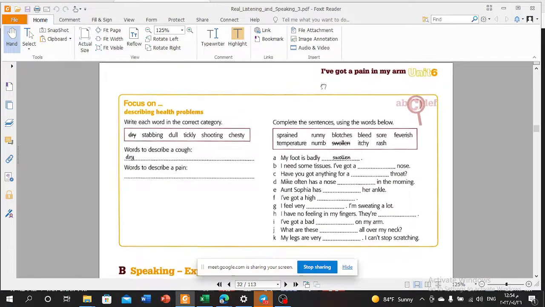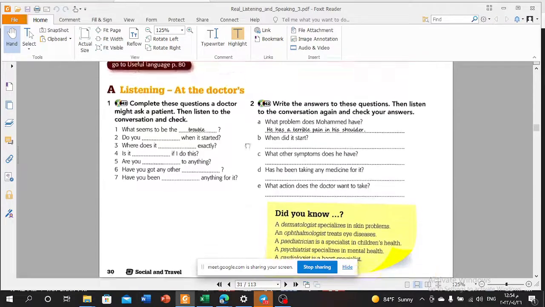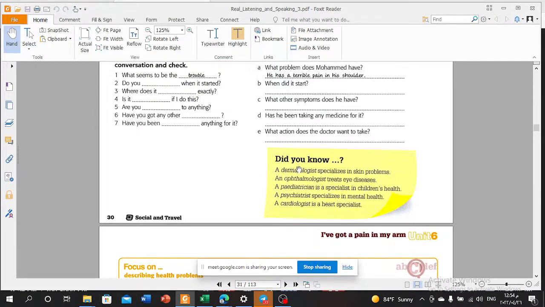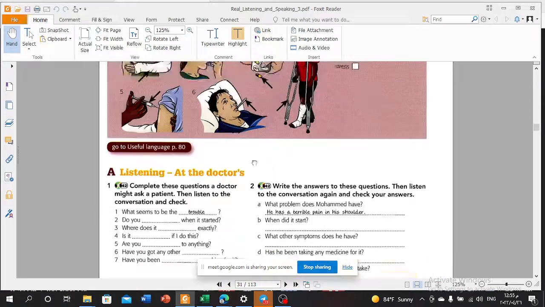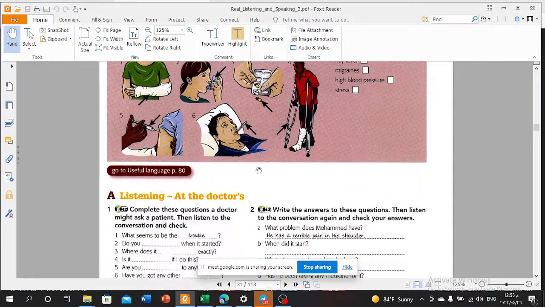We also discussed in our earlier lectures the Did You Know section here, which defines certain expressions or vocabularies related to jobs that are related to health, whether people's health or even animals' health.